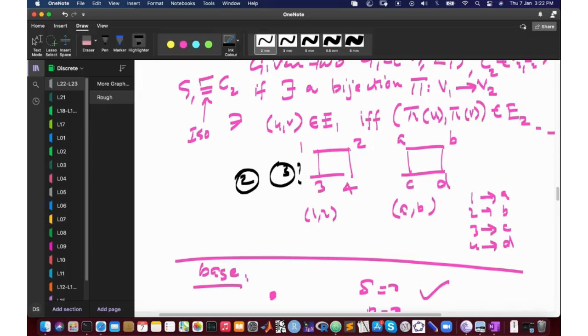You can't choose the longer path; you have to choose the shortest path. So the diameter in this case is 2. You can go from 1 to 4 in 2 steps. No longer shortest path exists. So the diameter in this case is 2, and in this case it is 2 as well.